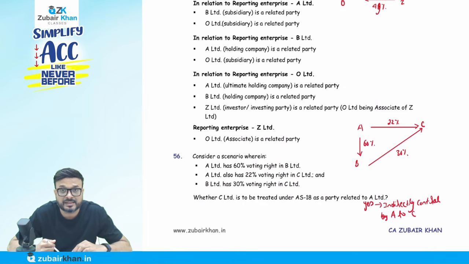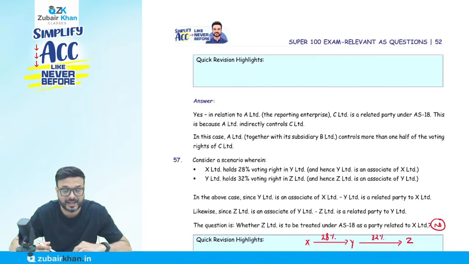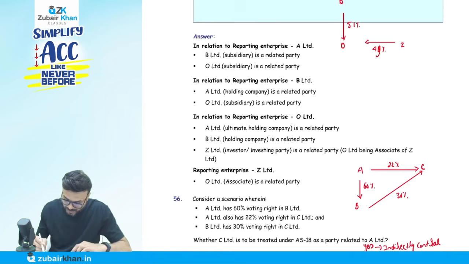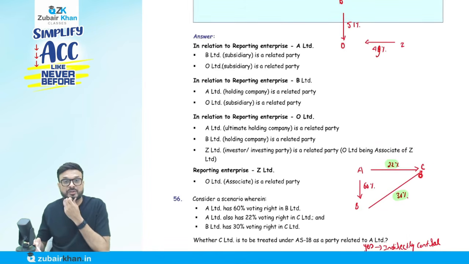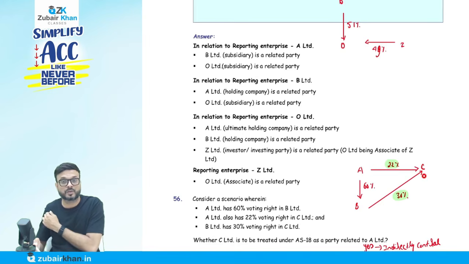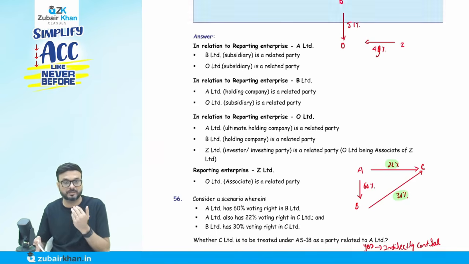Whether C and A are related, the answer is yes, because they hold indirectly. You may think that A does not have control on C, but they have control indirectly: 22% directly, and through the subsidiary B they have 30%. The 22 plus 30 is 52%, which is more than 50.